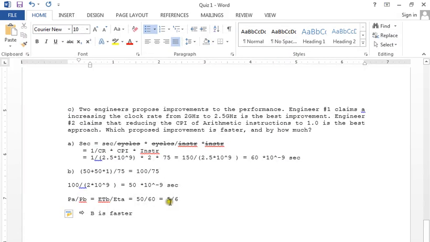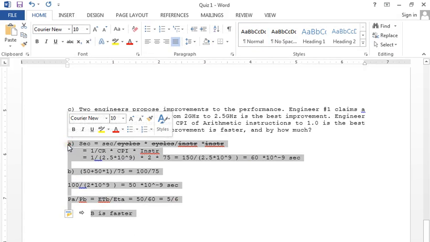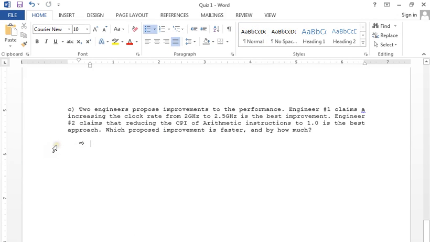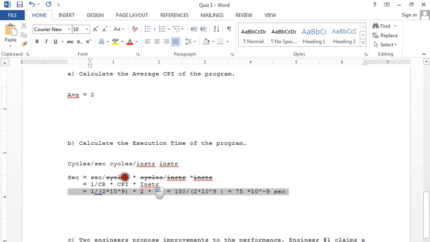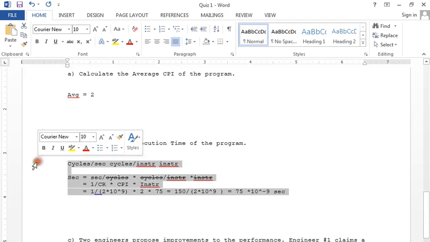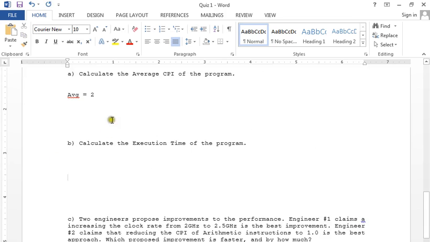And since you got less than 1 here, that means the one in the numerator is better, which meant B. And let me get rid of all that. Okay, does anybody have any additional questions before we move on?